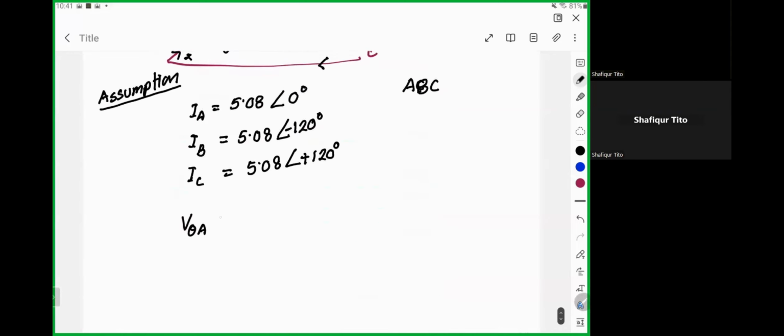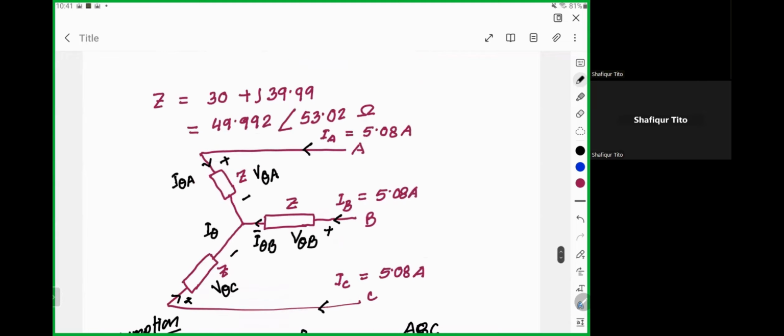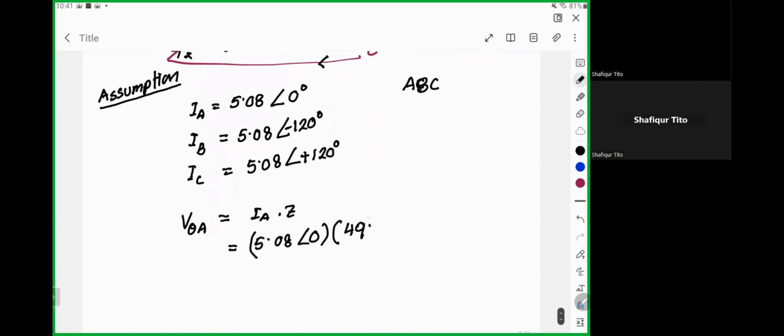Okay, so now we can find out V theta A. So V theta A would be equal to IA times Z. And that we have found, this one is 5.08, making an angle of 0 degree, will be multiplied with Z. So what is Z? It's 49.992, making an angle of plus 53.02.